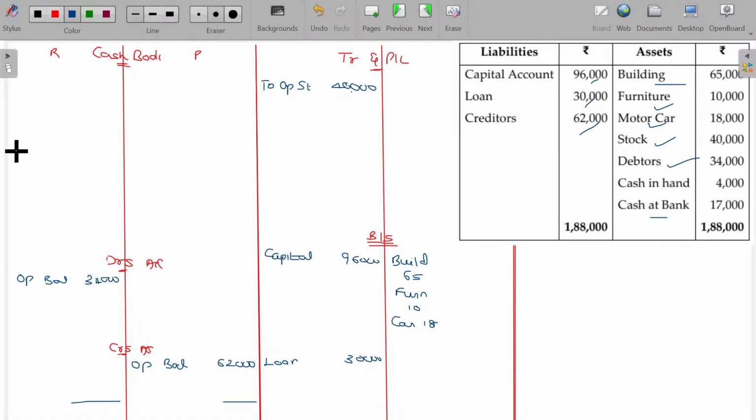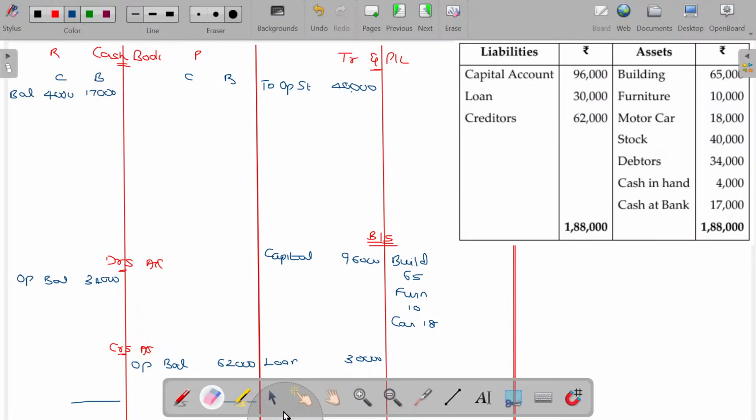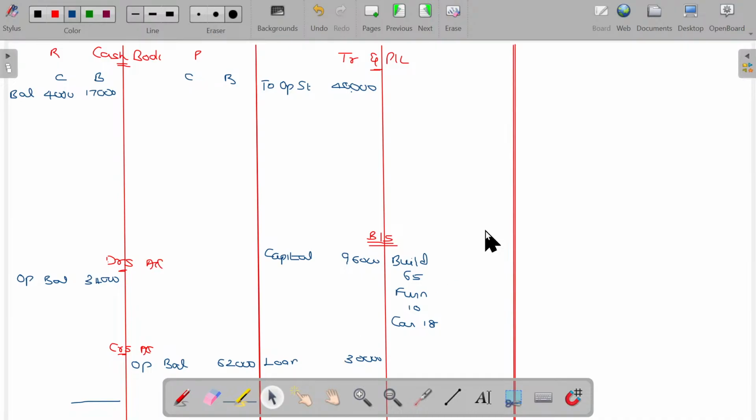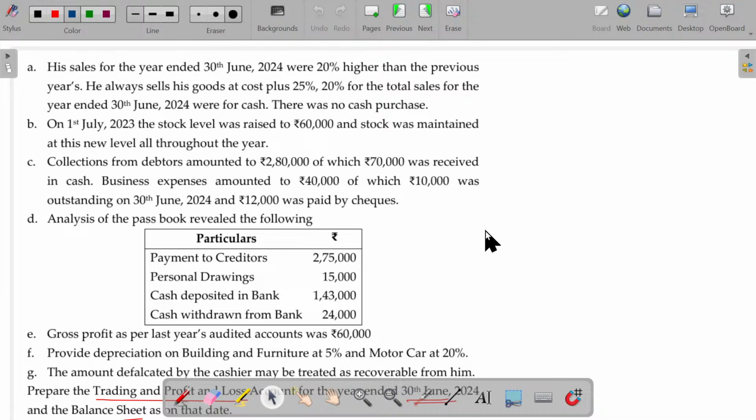We have been given cash and bank. So in cash book, cash column, bank column. Here opening balance 4,000 being in cash, 17,000 being in bank. Okay. Clear? Now you are able to understand all these logics. So I have completed posting the opening balance sheet items once. As the information is given in statement form, it should be posted once. We have completed posting that once.